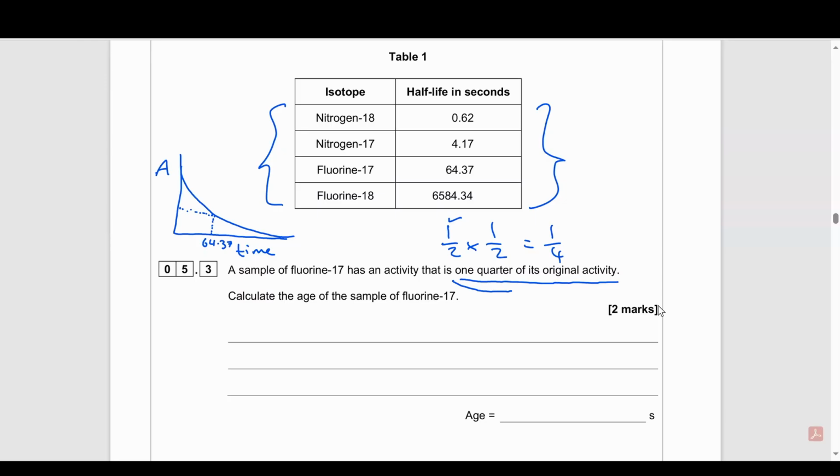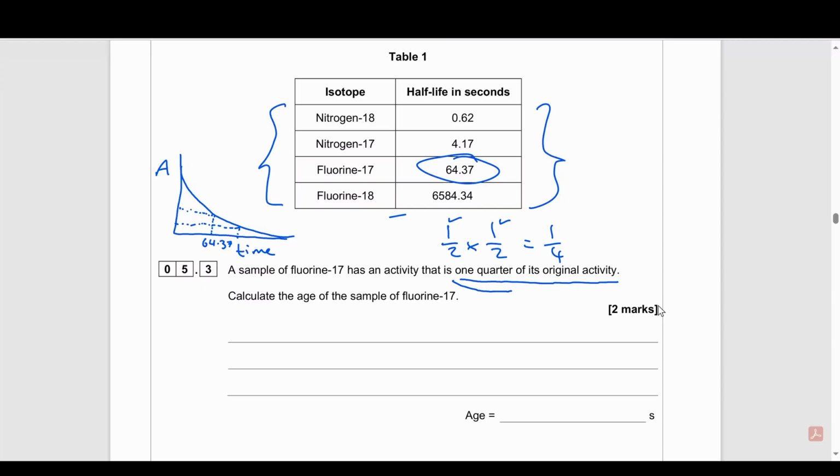So let's imagine that this now is our next half. Now remember that this half-life value, 64.37, won't change. So what we would need to do is double 64.37 to get the actual age of the sample.